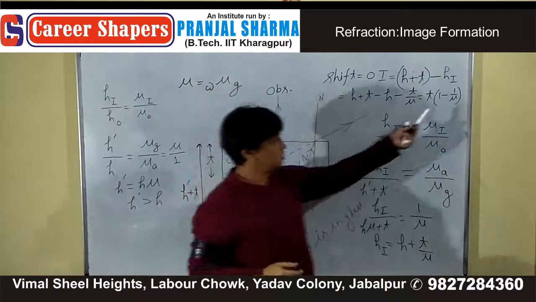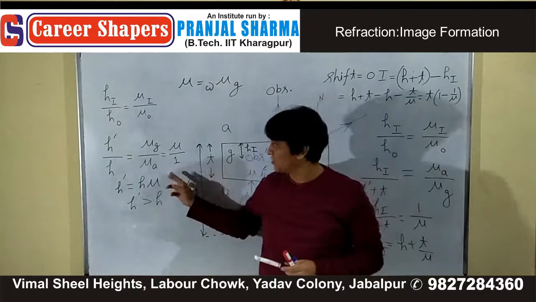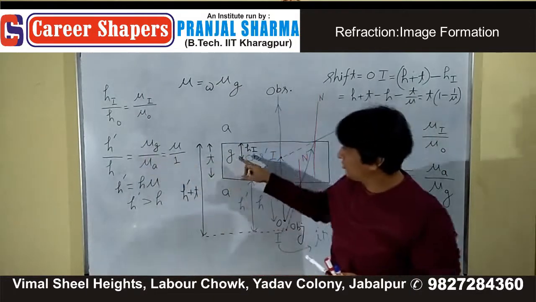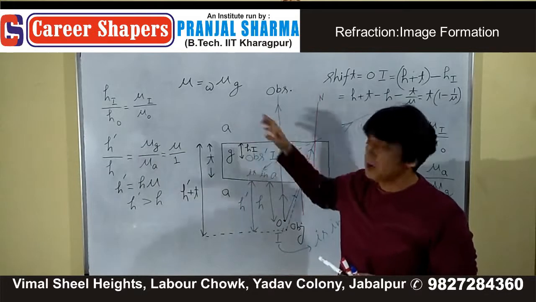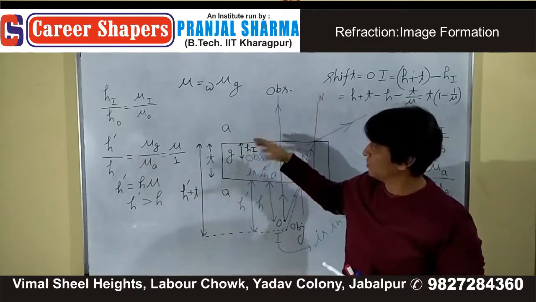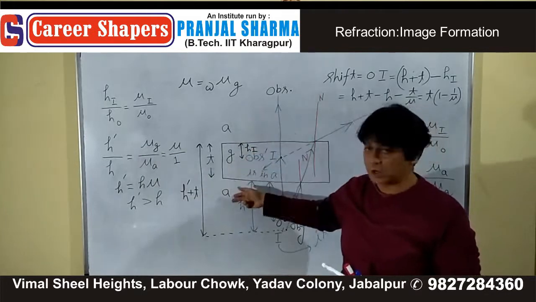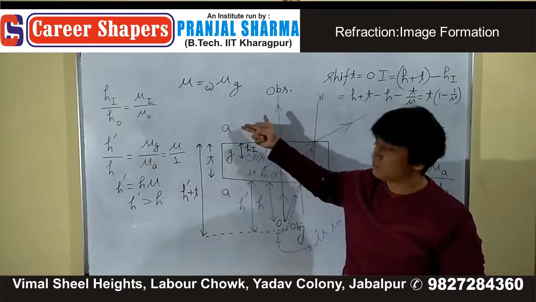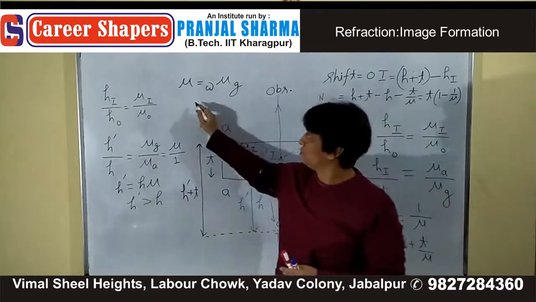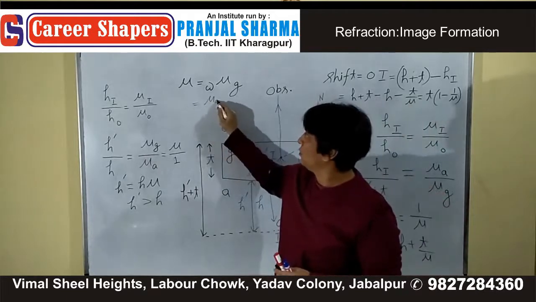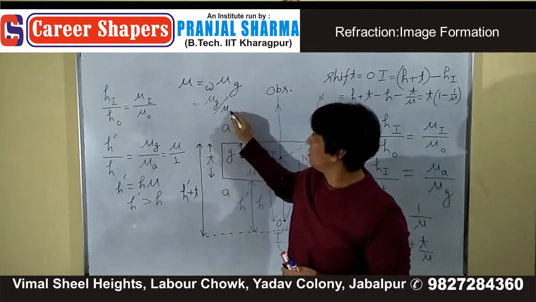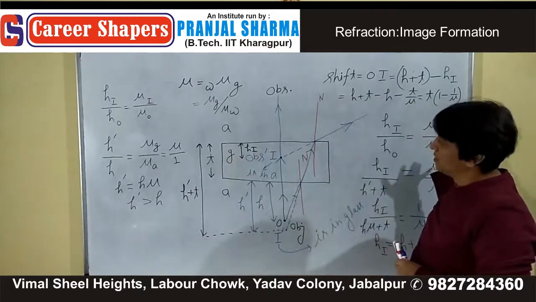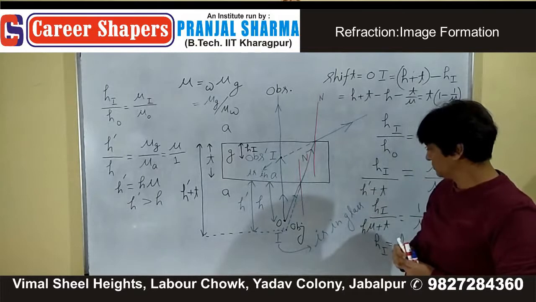Right now this mu is refractive index of glass with respect to air, but if the situation is like this, water, glass, water, then you must go for refractive index of glass with respect to water, which you already know is mu G divided by mu W. Note down this much.